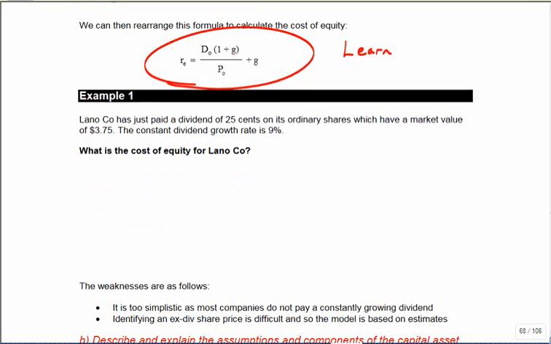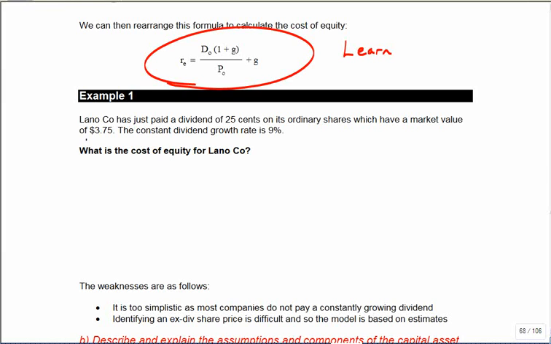So here's an example to make sure you're happy with what's going on here. We're told that Lane & Co has just paid a dividend of 25 cents on its ordinary shares. Just paid, so that must be the current dividend, 25 cents, on its ordinary shares, which have a market value of 3.75. Now, if it's just paid the dividend and you were to buy the shares, you will have missed that dividend because it's just been paid.